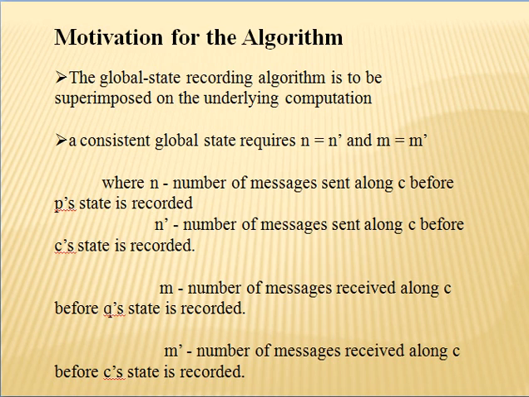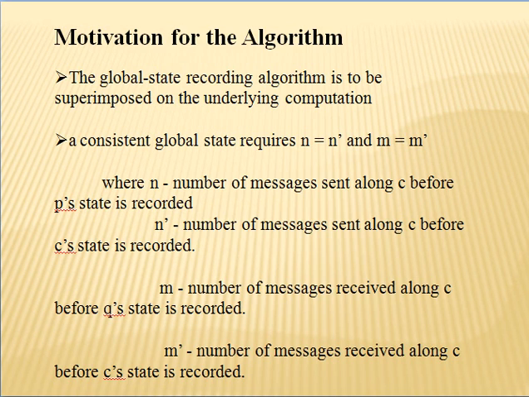The state recorded for channel C shows it with a token, and the states recorded for channel C dash and process Q show them without the token. The composite global state recorded in this fashion would show two tokens in the system, one in P and the other in C. But a global state with two tokens is unreachable.